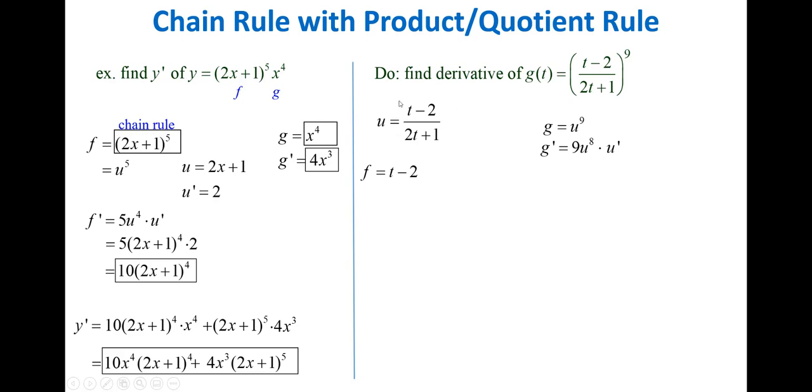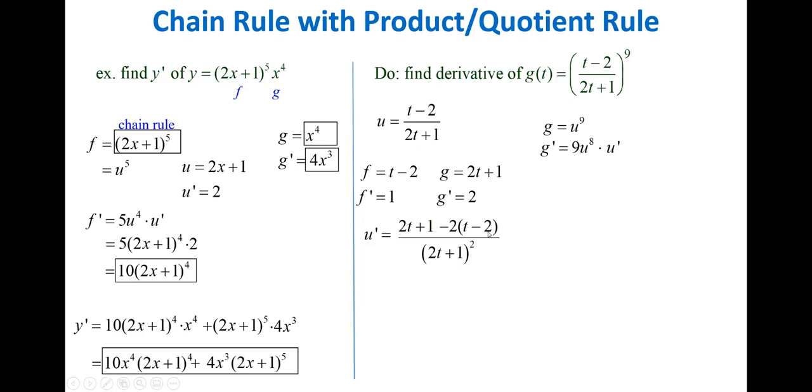Then to take the derivative of u, recognizing that this is quotient rule, f would be t minus 2, g would be 2t plus 1, f prime would be 1, g prime would be 2. Therefore, u prime will be f prime times g, 2t plus 1, minus f times g prime, and I just put the 2 in front, all over 2t plus 1 squared.